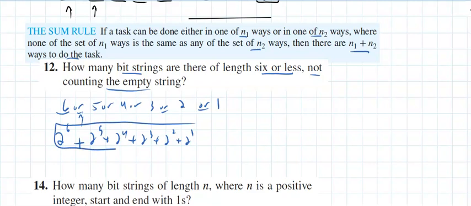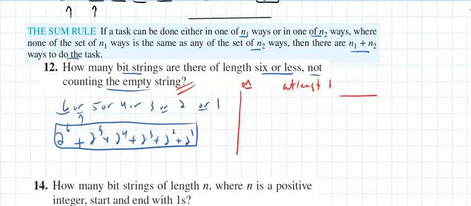Now, if they would have said less than or equal, all the way counting to 0, then I could say that would be saying at least. So this is at least 1.